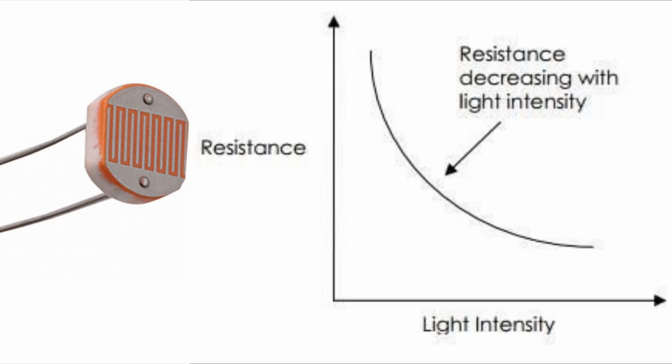An LDR is a resistor whose resistance varies with the intensity of light shining on it. As the intensity of light increases, its resistance decreases, and as the light intensity drops, the resistance offered by the LDR increases manifold. So we'll be using this property to build our laptop's auto brightness changing circuit.